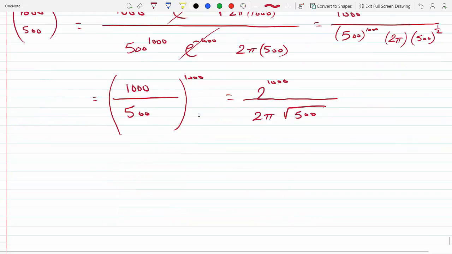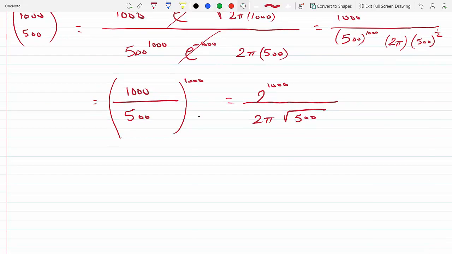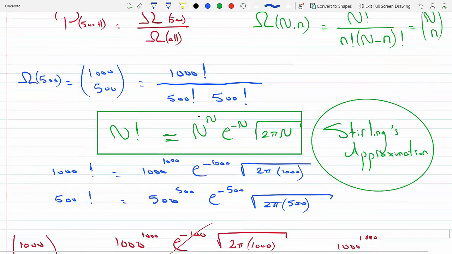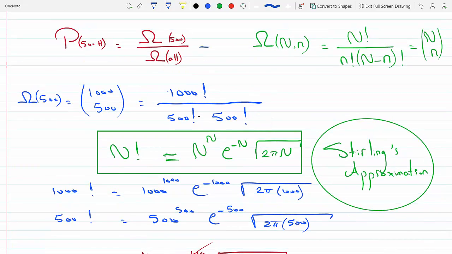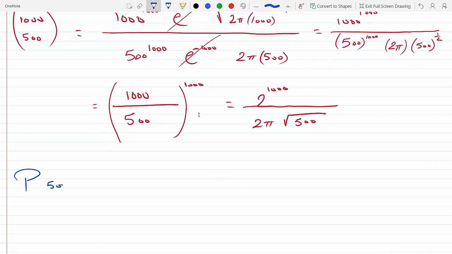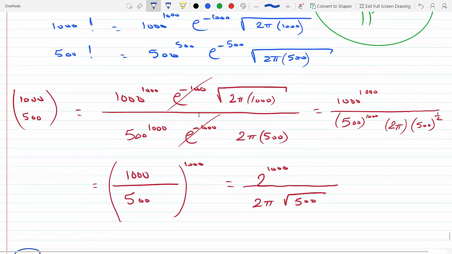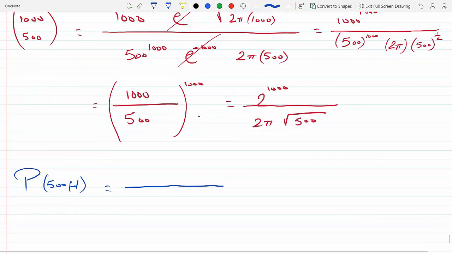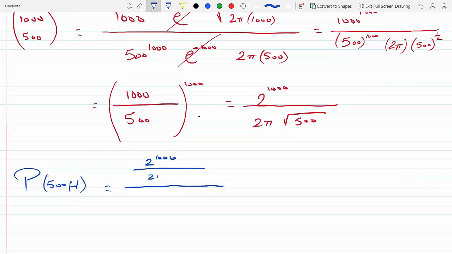in the denominator. So now plugging into the probability here, dividing them, the probability of getting 500 heads will be, this is what we got here, 2 to the 1000 divided by 2 pi square root 500 divided by 2 to the 1000.